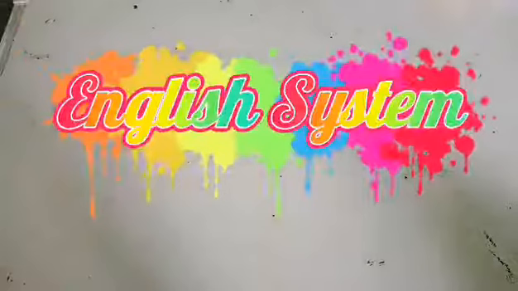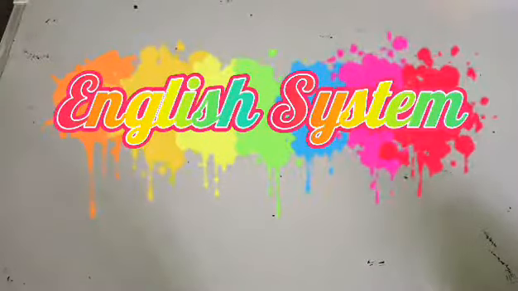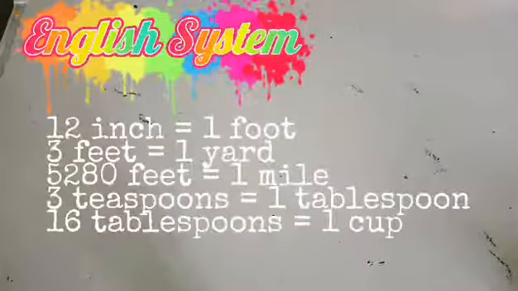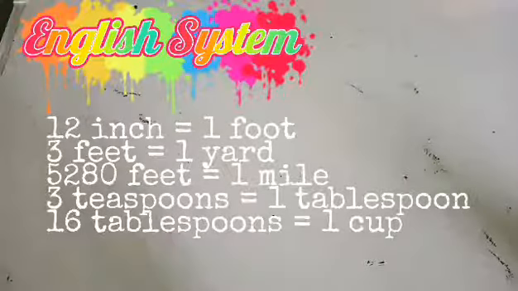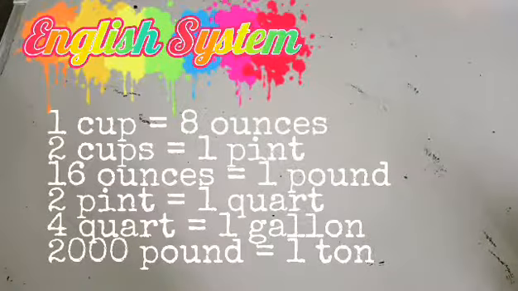So the English system is the following, which can be seen in our book on page 134, where it is said that 12 inches is equivalent to 1 foot, 3 feet is equivalent to 1 yard, 5,280 feet is equivalent to 1 mile, 3 teaspoons is 1 tablespoon, 16 tablespoons is equal to 1 cup, 1 cup is equal to 8 ounces, 2 cups is equal to 1 pint, 16 ounces is equivalent to 1 pound. 2 pints is equivalent to 1 quart.